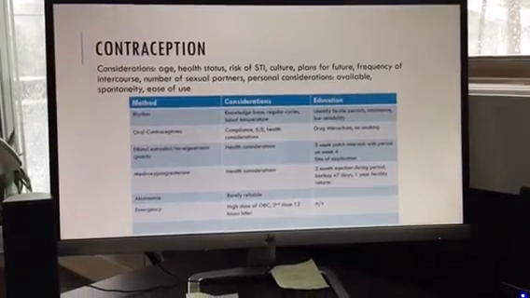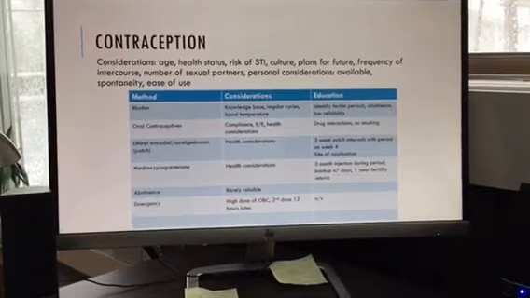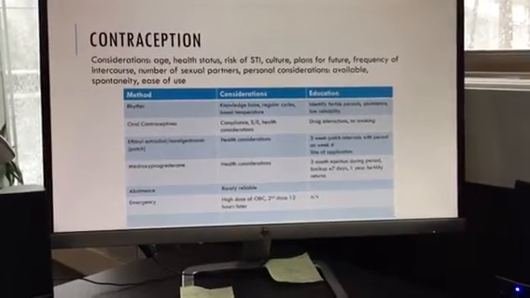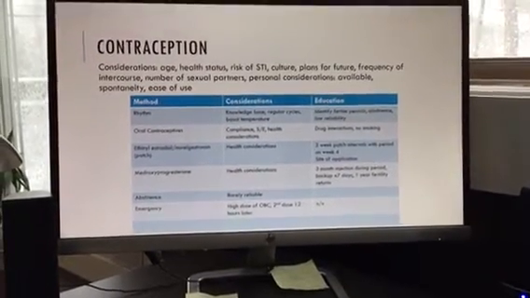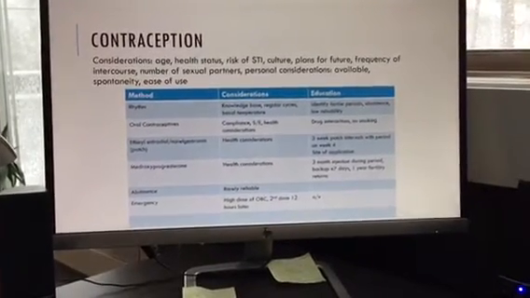The other underlying diseases that we look at are obesity, diabetes, anything that has an effect on the vasculature, the vessels of the body.